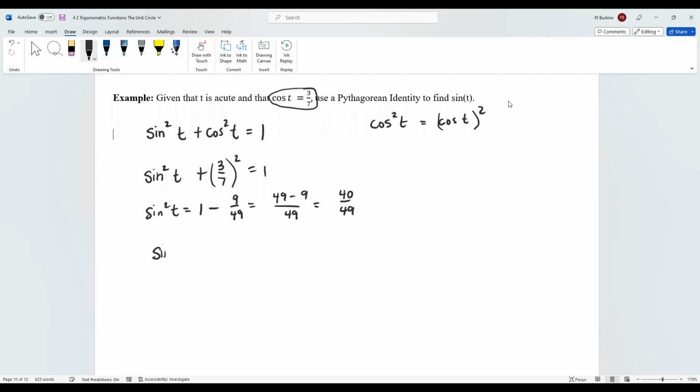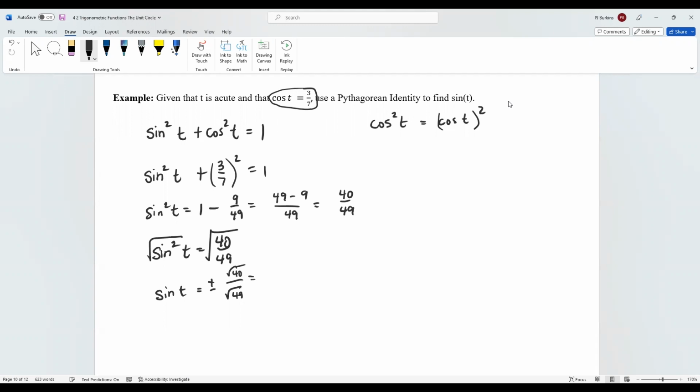So I have sine squared t is currently 40 over 49. Remember, sine squared means that it's sine first, then squared. So I can take the square root of both sides, and I get the sine of t. Now, technically, I get plus and minus. And the square root here, let's see, square root of 49 and square root of 40.